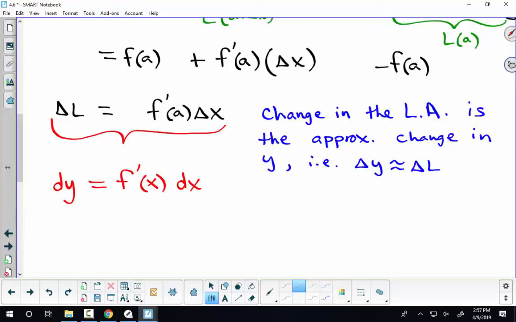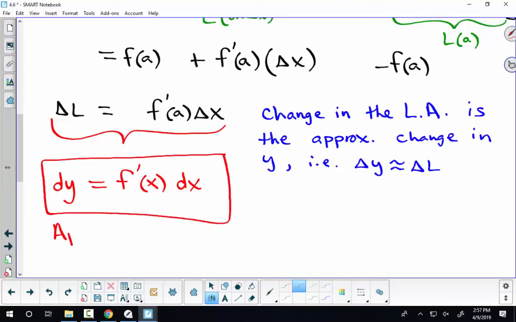This was the delta L, which was the approximate change in the function. So we're just going to use this right here as the approximate change in the function y equals f of x. And then that's what we're going to define as our differential.